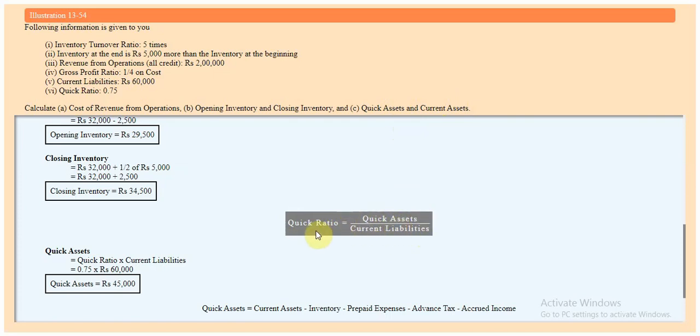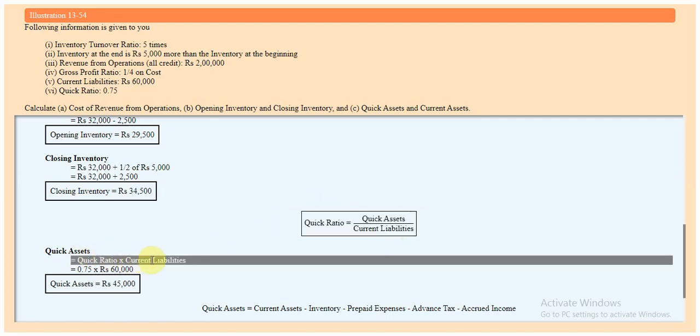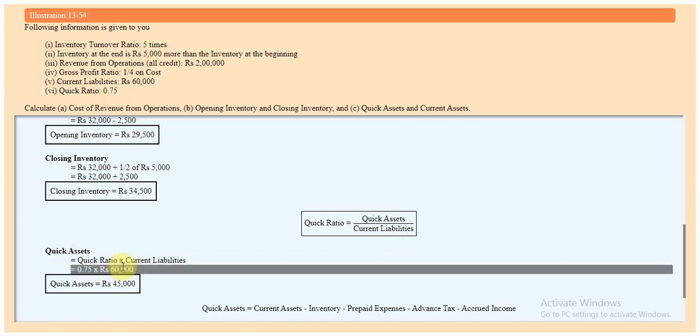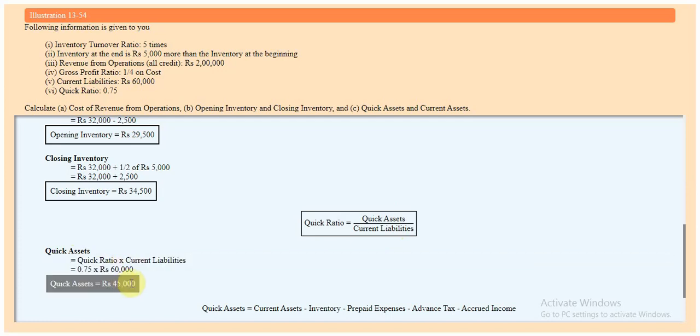The question has already provided the quick ratio to us, and it has already provided the current liabilities to us. So with this we can easily find out the quick assets. Quick assets is nothing but quick ratio into current liabilities. Both of them are given in the question directly. Just substitute and find out the quick assets, which comes to be 45,000 rupees.